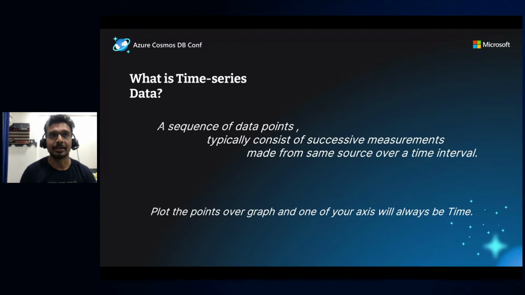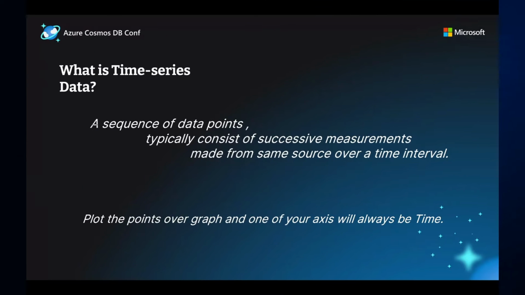What is time series data? Time series data are always associated with time and they are ordered chronologically. A sequence of data points typically consists of successive measurements made from the same source over a time interval. Time series data are kind of events, messages which are tracked, monitored, and aggregated over time. This could be sensor metrics, application performance monitoring, IoT sensor data, clickstream logs, or stock prices as well.